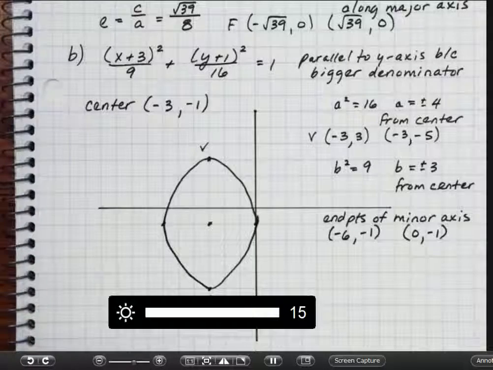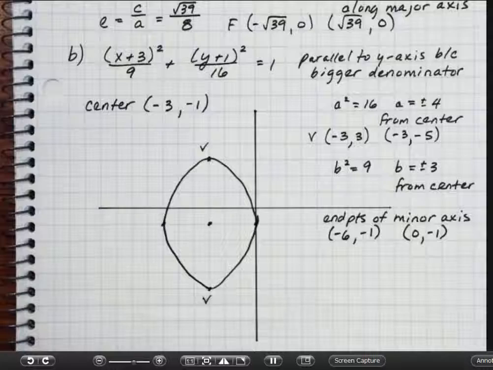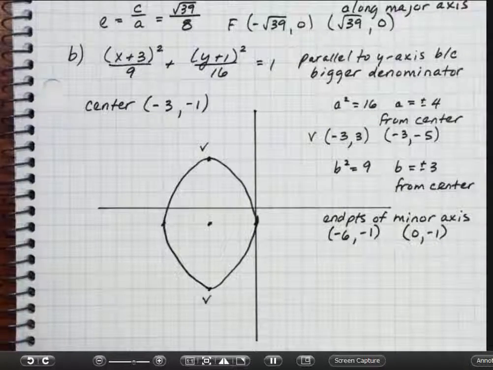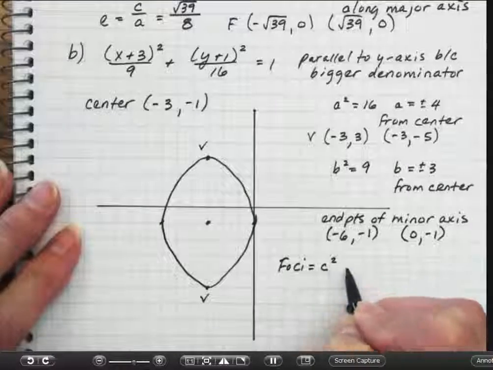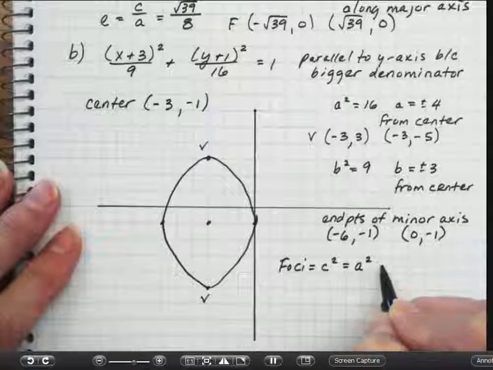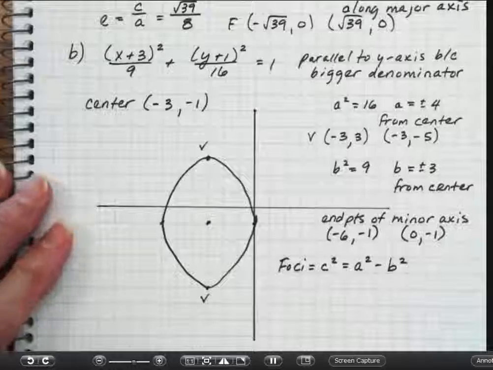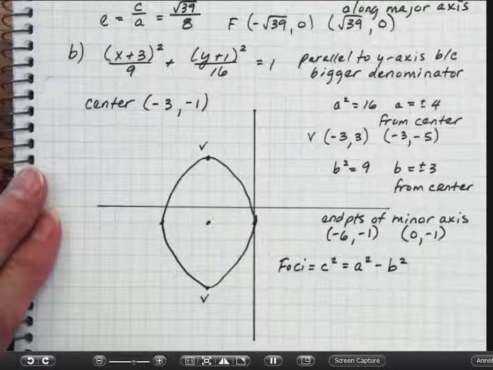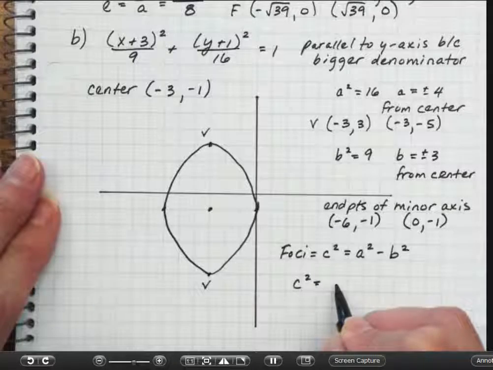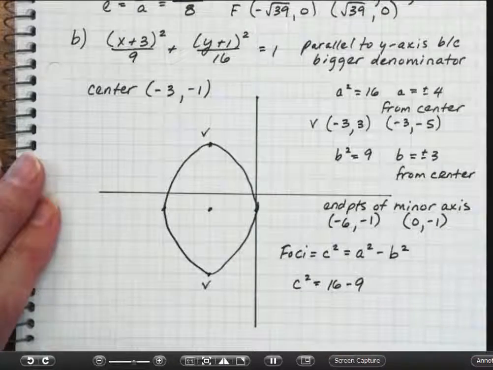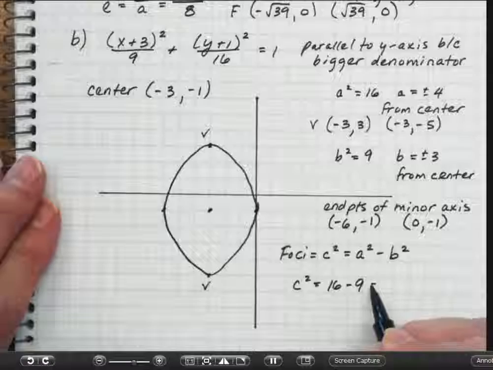We were asked to find our foci, and we were also asked to find our eccentricity. So remember that for your foci, c squared is equal to a squared minus b squared. It's the difference in your denominators. So c squared is going to equal 16 minus 9, which is 7.